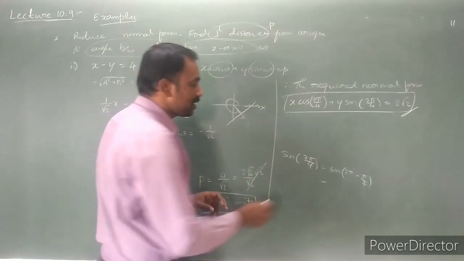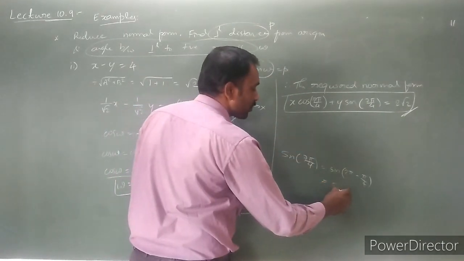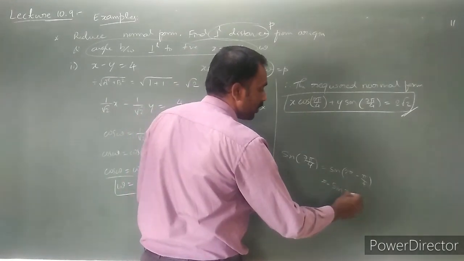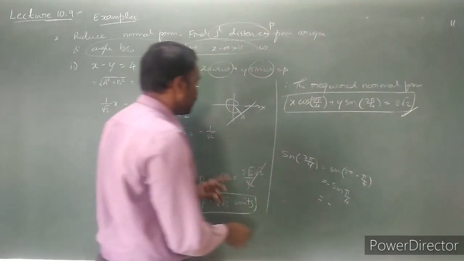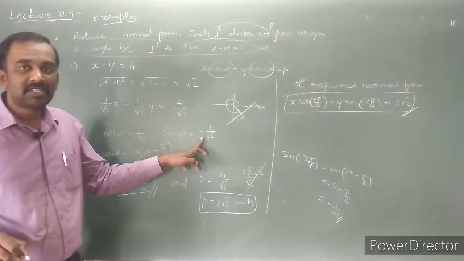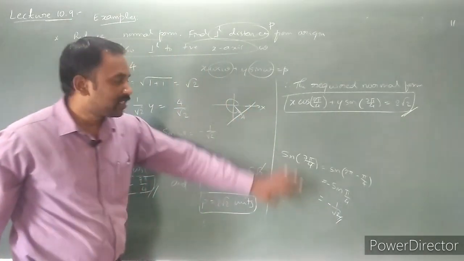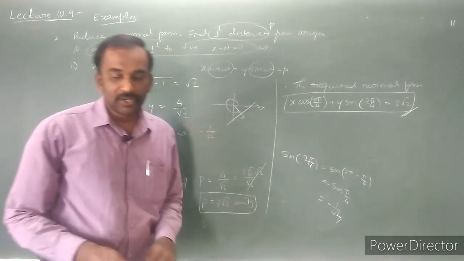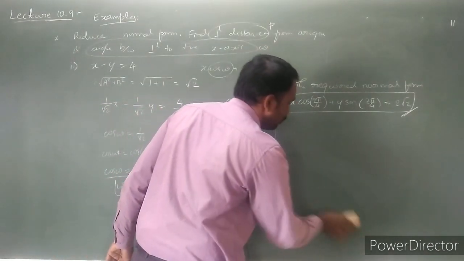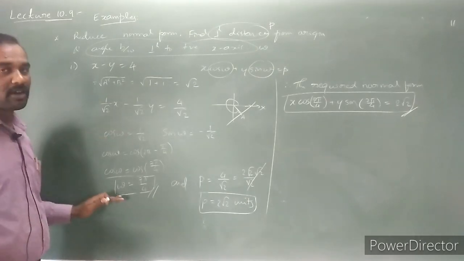Sin of 360 minus theta, sin as it is. In the fourth quadrant sin is negative, so minus sin of pi by 4, which is 1 by root 2. So we get the same result, minus 1 by root 2. Is that clear? This thing we can do in rough form. This is how we need to reduce to the normal form.